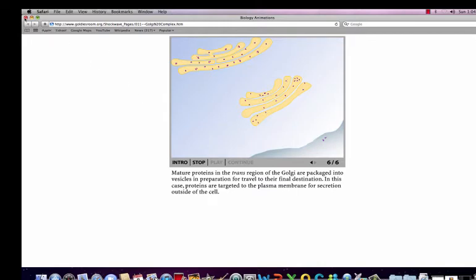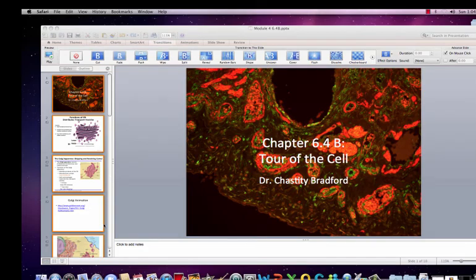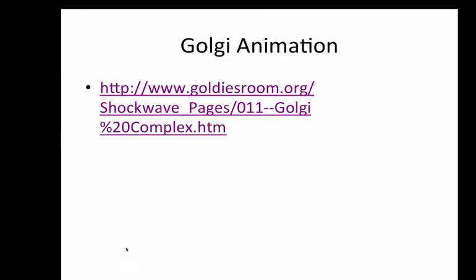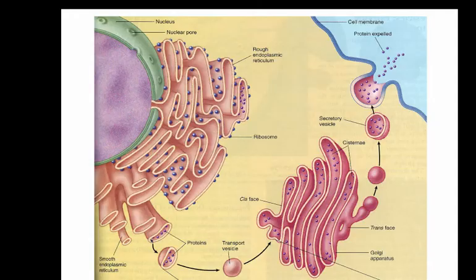Okay. So now let's continue. For a review, if you recall, the nuclear envelope is continuous with the ER. This is the rough ER because you notice it has the ribosomes attached. And then over here you have smooth endoplasmic reticulum.